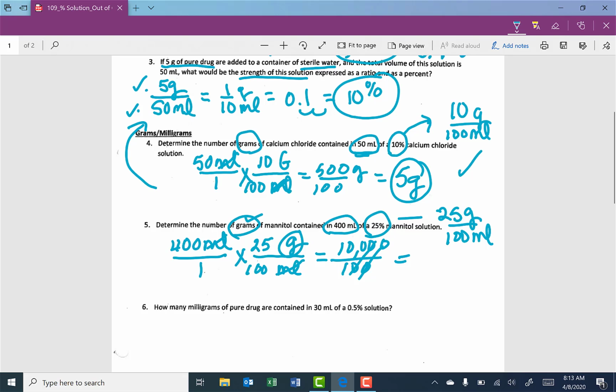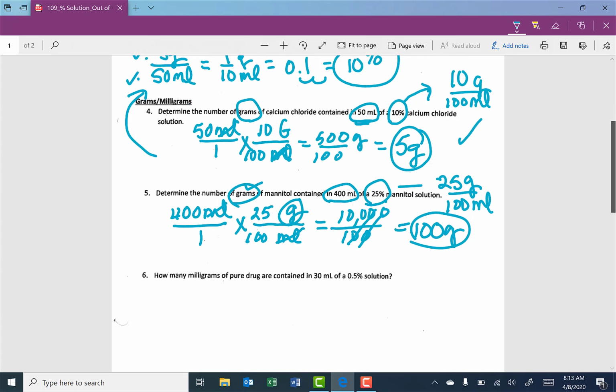Cross off your end zeros. 100 grams. So in a 25% strength solution where you have a 400 milliliter solution, you would need 100 grams to go with the 400. And that should kind of make sense. 100 grams to 400 is 1/4, which is 25%. See how it all works together once you understand it?